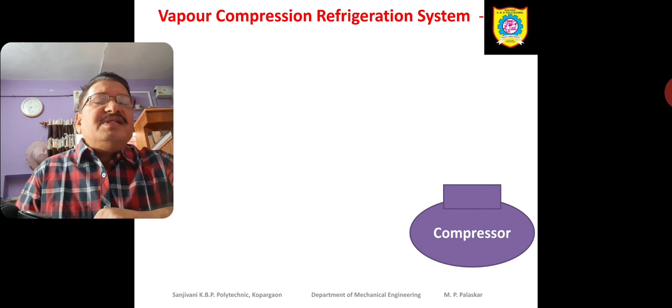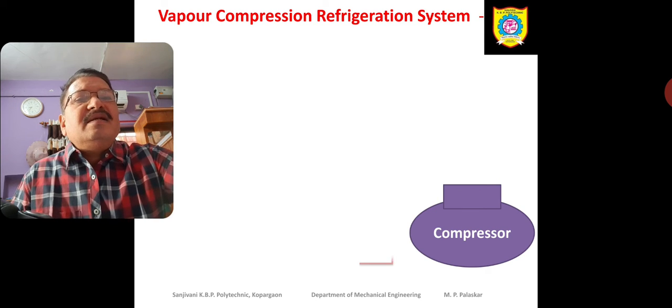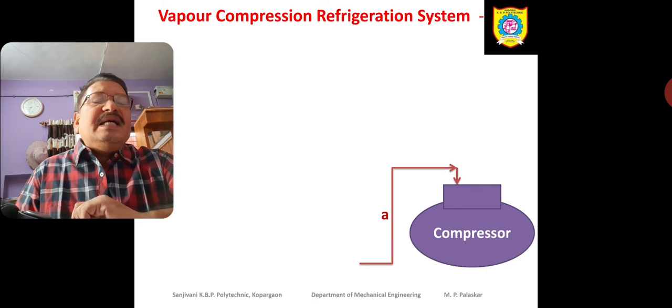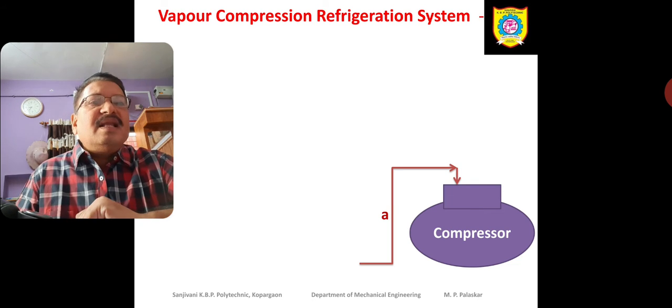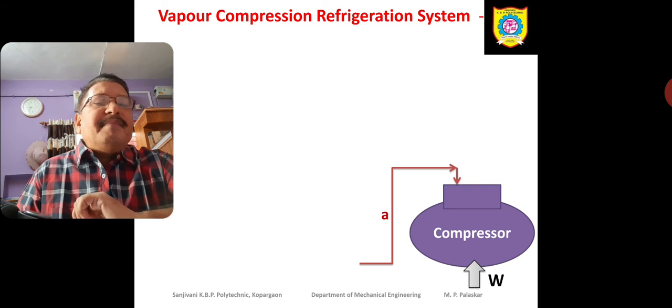So, the function of compressor is not only to increase the pressure and temperature of the refrigerant, but the compressor is also responsible to keep the refrigerant flowing in the line. So the compressor will receive the refrigerant vapors from the evaporator, and at the same time we are supplying mechanical work to the compressor.